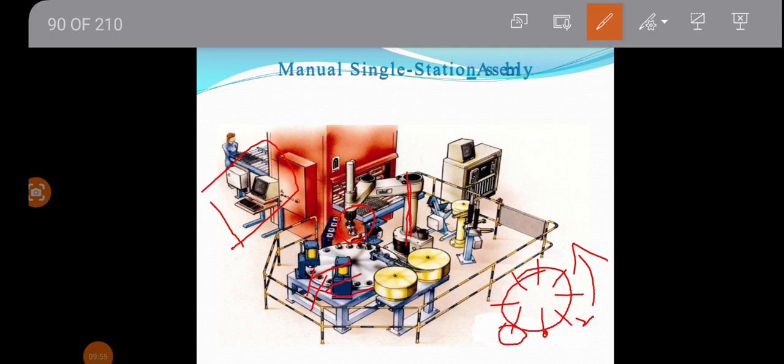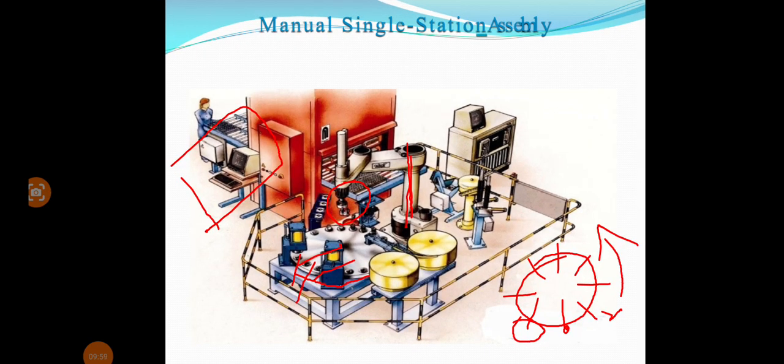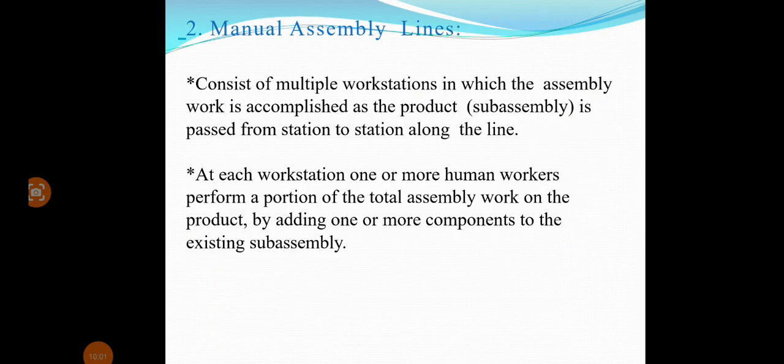Next we can transfer into the second one, which is considered a manual assembly line. This manual assembly line consists of multiple workstations in which assembly work is accomplished as the product is passed from station to station along the line. Initially we were considering passing the material along a circumference view.